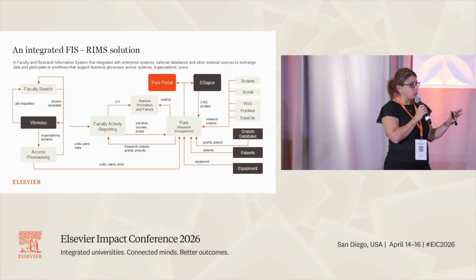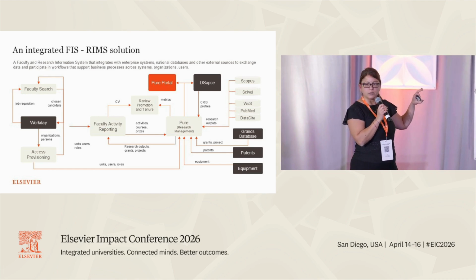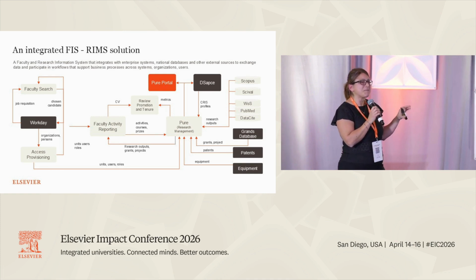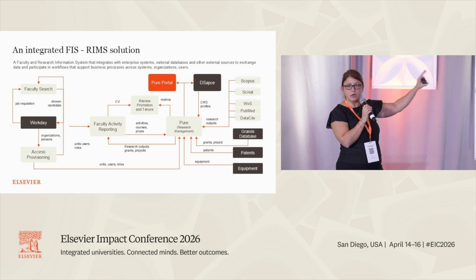Okay, I will try to go through it. I don't know if you see the difference in color, but some boxes are gray and some are white. Anyway, I will say it as I go through. In the middle, we have FAR and Pure, the two big systems.